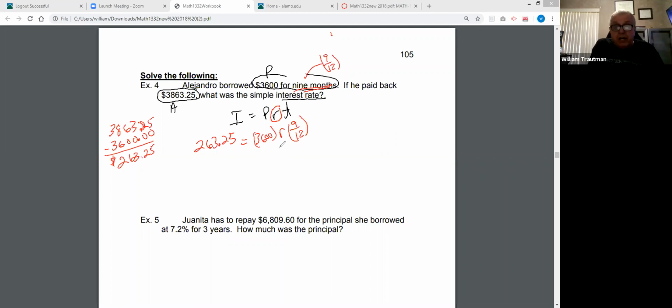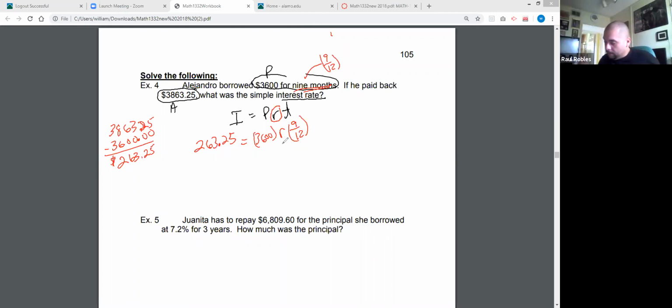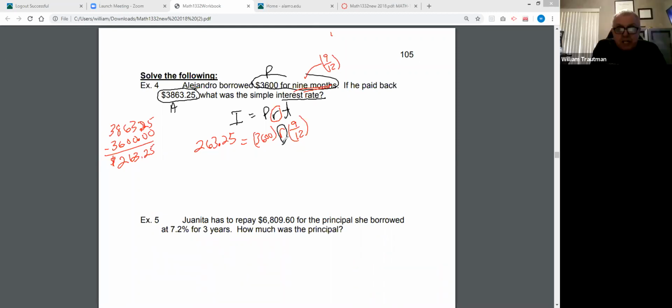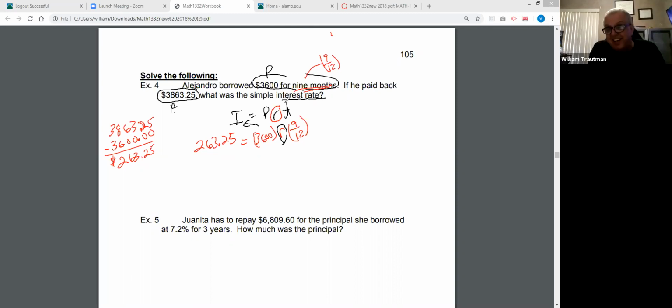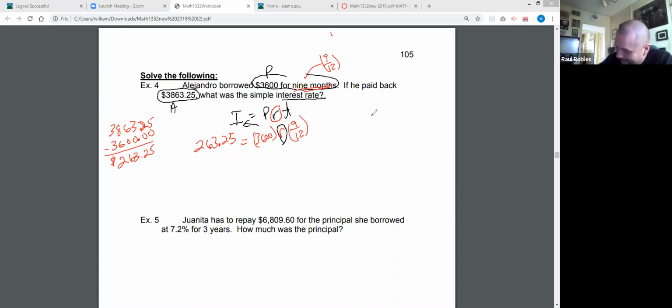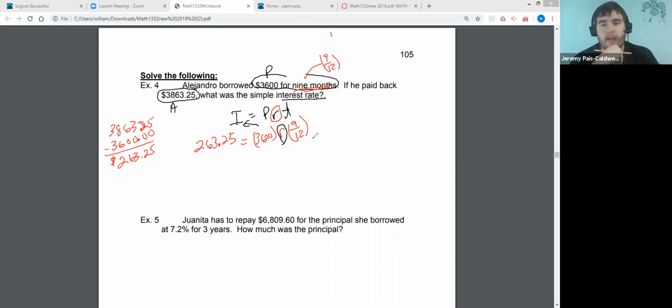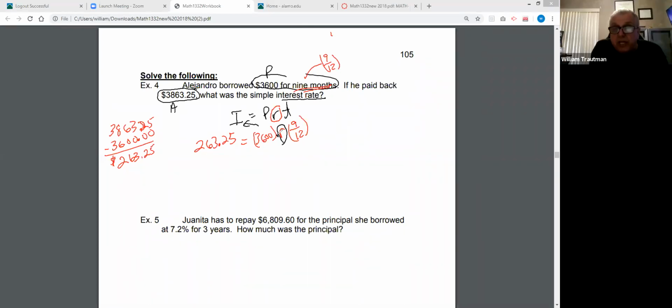So we still have to find R in this problem, the interest rate. So I have to take the 3,600 to the other side. Can somebody tell me how I take the 3,600 to the other side? Will you subtract it or divide it? You would divide it, because between the P, R, and T is an invisible multiply.